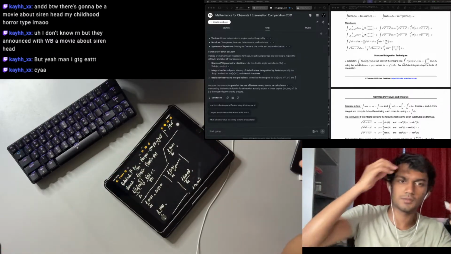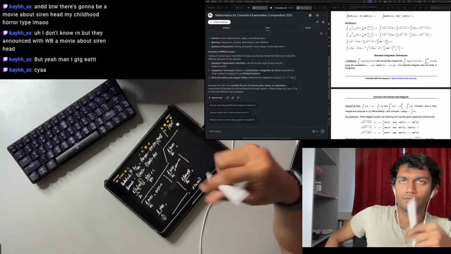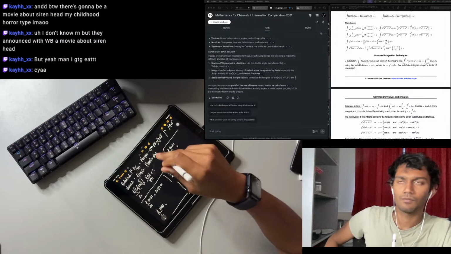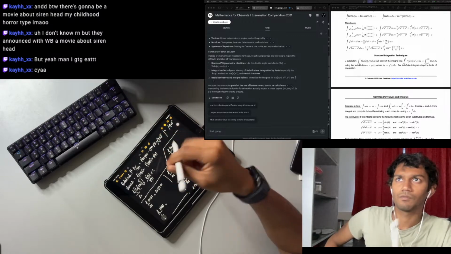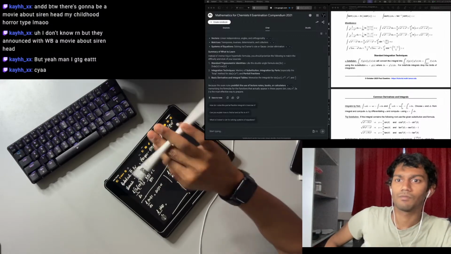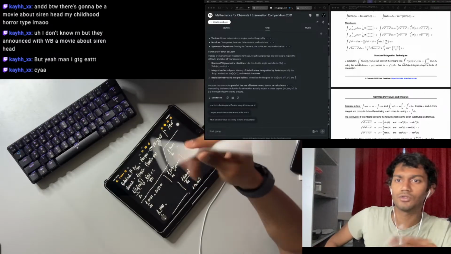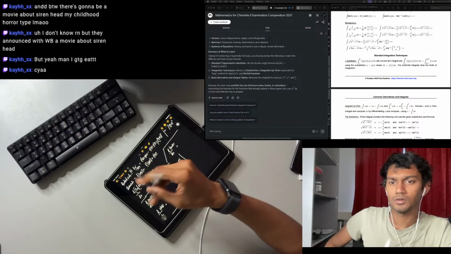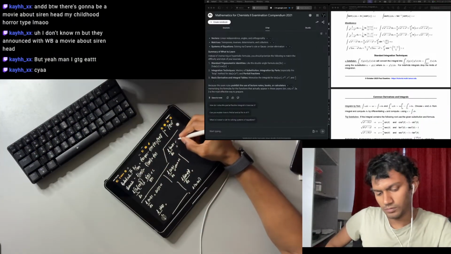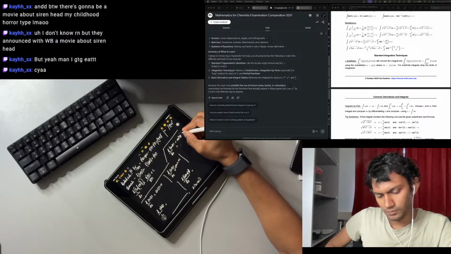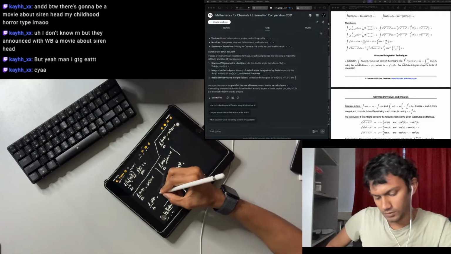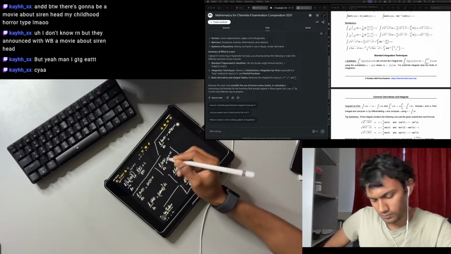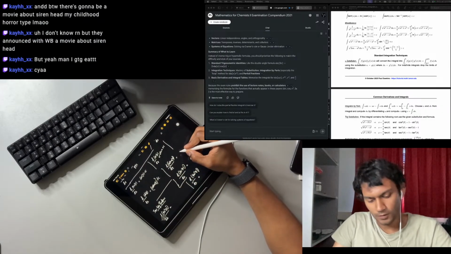No, tan is not minus. Minus? Minus? Minus? Fuck it. Cosine.